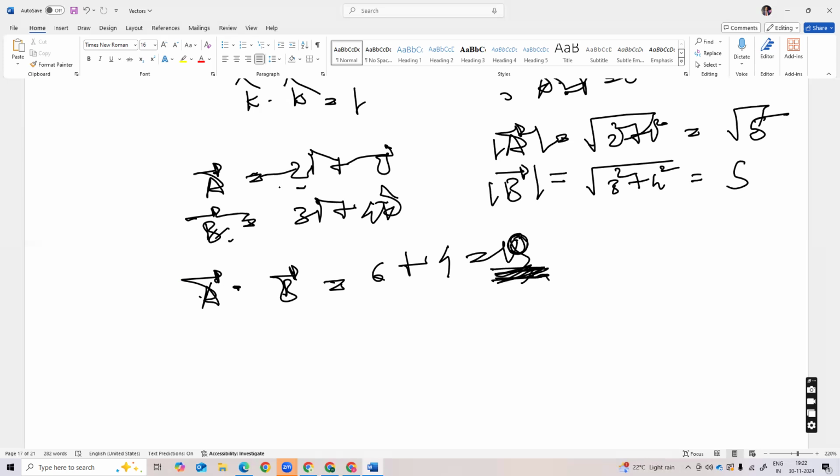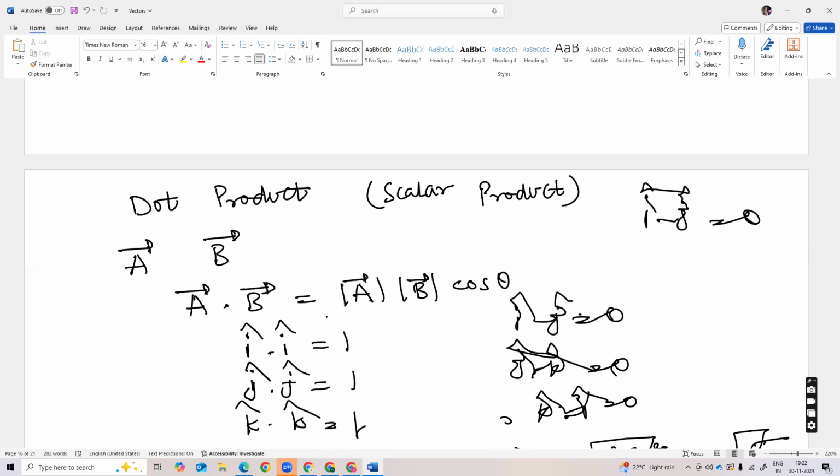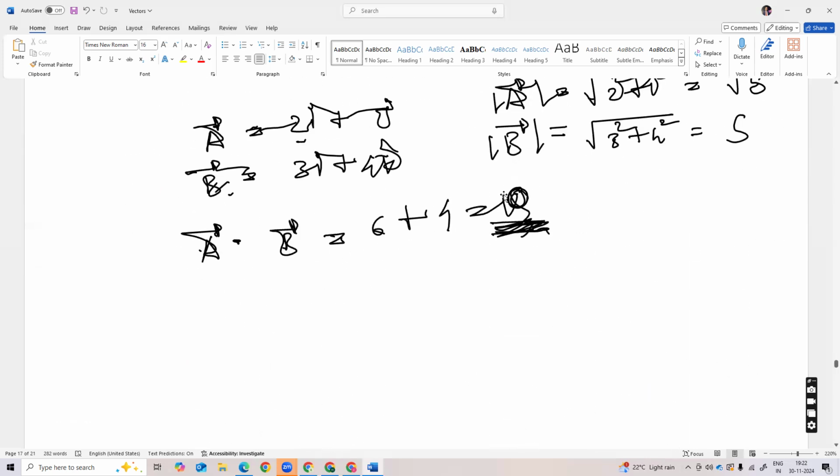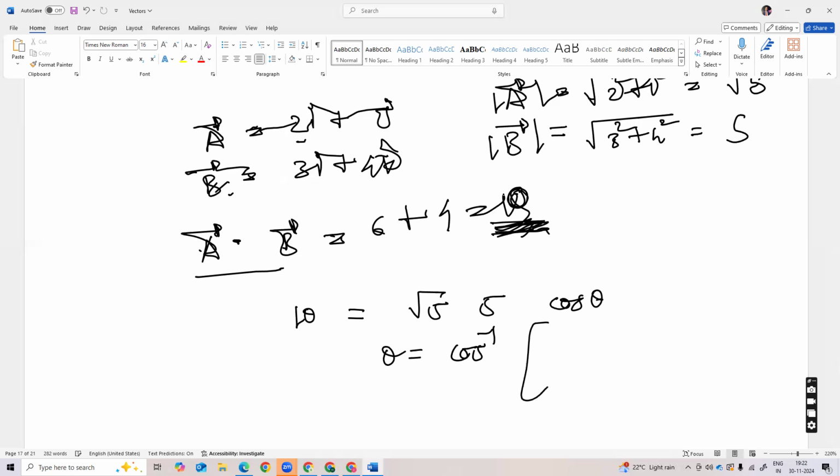So here we have learned that the dot product of two vectors is |a||b| cos theta. If someone tells you to find the angle between a and b, you know their dot product was 10. So 10 is equal to the magnitude of a, root 5, times the magnitude of b, 5, into cos theta. So theta will be equal to cos inverse of 2 upon root 5.